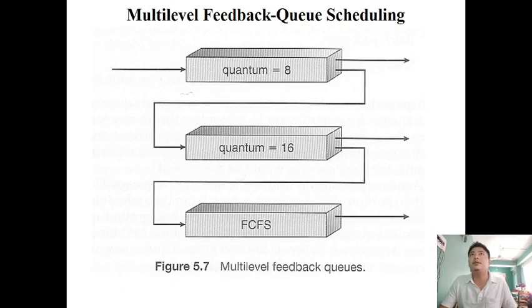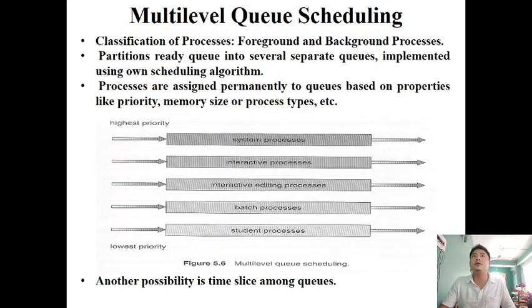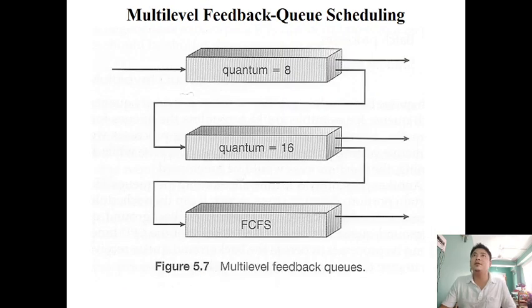Next is the multi-level feedback queue: how a process can move from one queue to another, which was not flexible in the multi-level queue. All the features and properties of the multi-level queue apply to the multi-level feedback queue. In addition, it provides one more feature, that is feedback. You can move or shift a process from one queue to another queue.